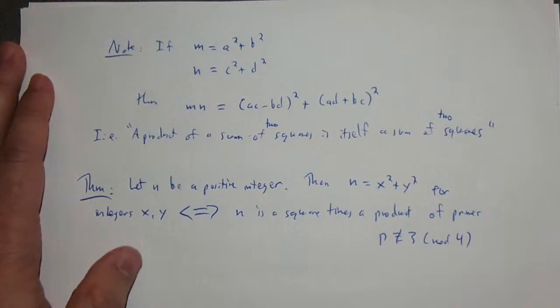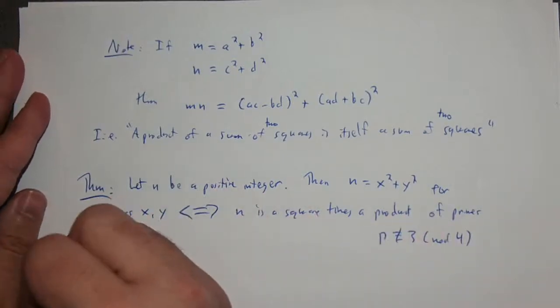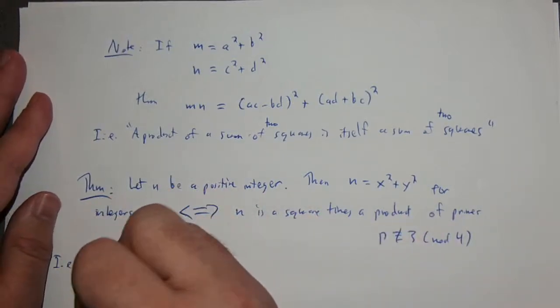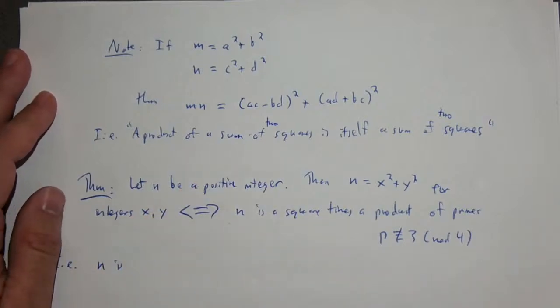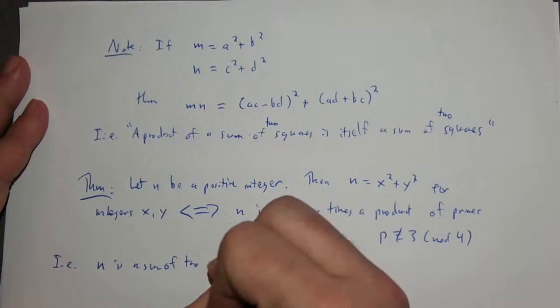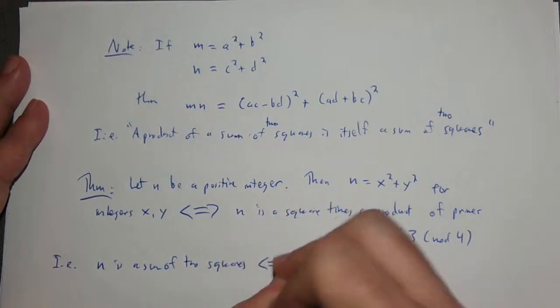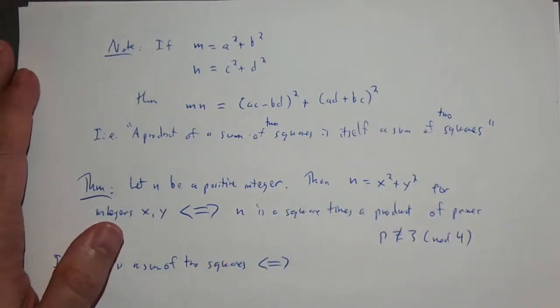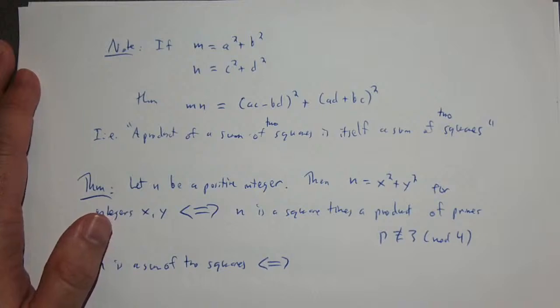I.e., n is a sum of 2 squares if and only if in the prime factorization of n, every prime that's congruent to 3 mod 4 has an even exponent.